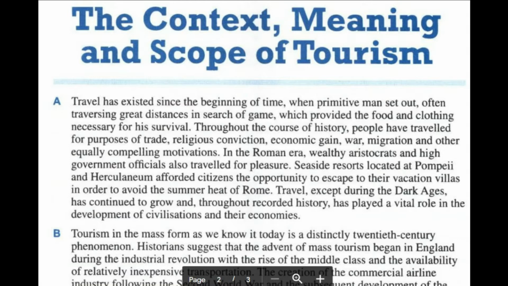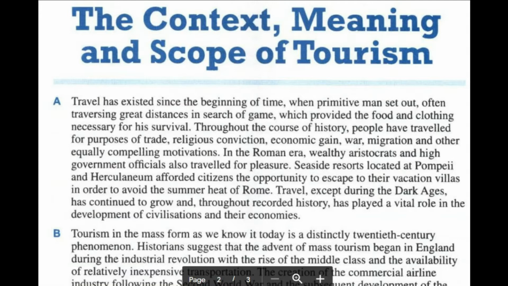You can see over here, this is the passage with 5 paragraphs. The first one is: travel has existed since the beginning of time. When primitive man set out, the early man, we can say, often traversing great distances in search of game which provided the food and clothing necessary for his survival.